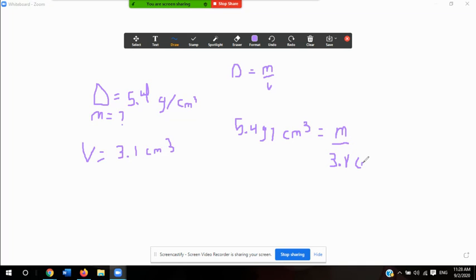So if I want to solve for mass, this is like an algebraic equation. I have to get rid of the 3.1. I'm dividing M over 3.1, and the way I eliminate that is by multiplying both sides by 3.1.